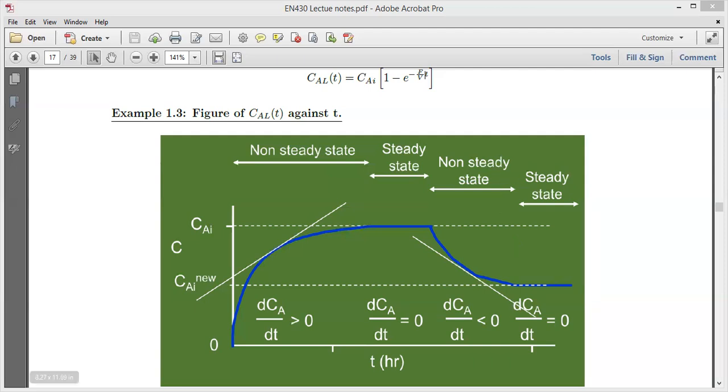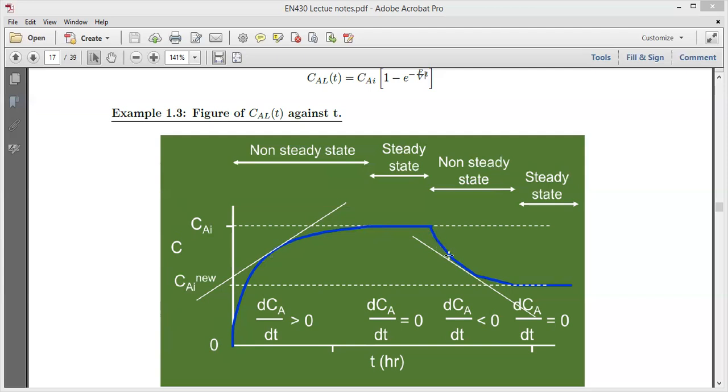So look at the graph. Look at the blue graph, isn't it? So we're rising, right? There's a positive value. Our gradient is positive, isn't it? So we're rising till we are constant here, steady state. Then now we're dropping. Remember the y-axis is concentration, so from here, the concentration is dropping.